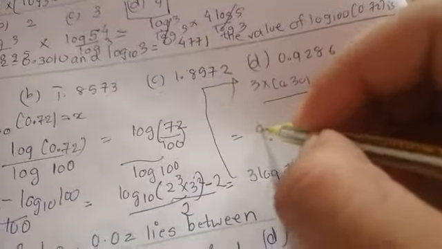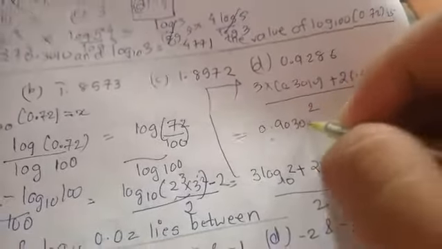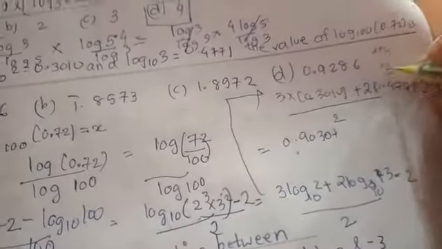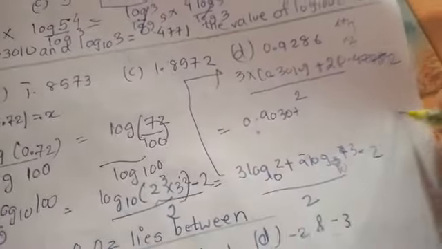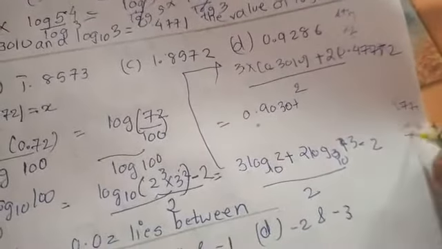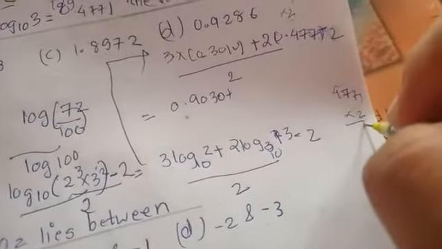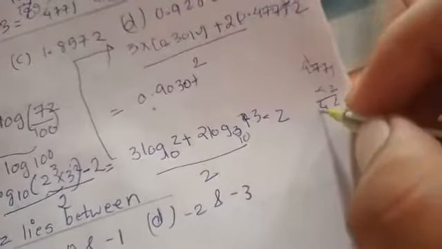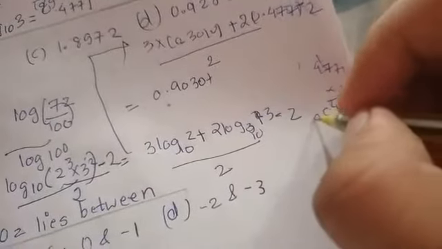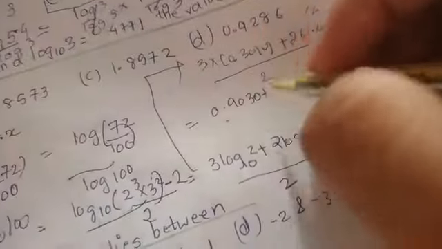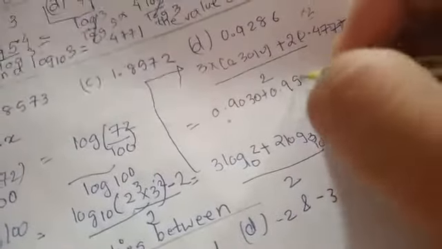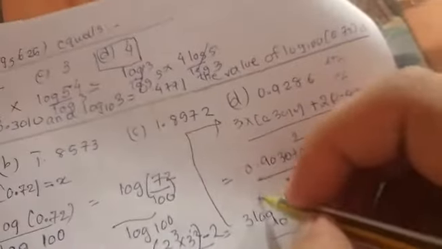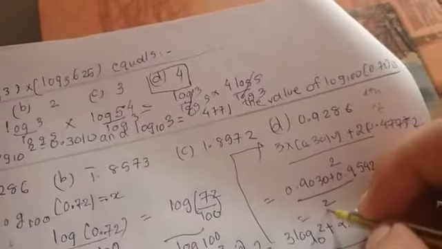Now this becomes 0.9030 plus 0.4771 into 2, so this becomes 0.9542, minus 2, upon 2.